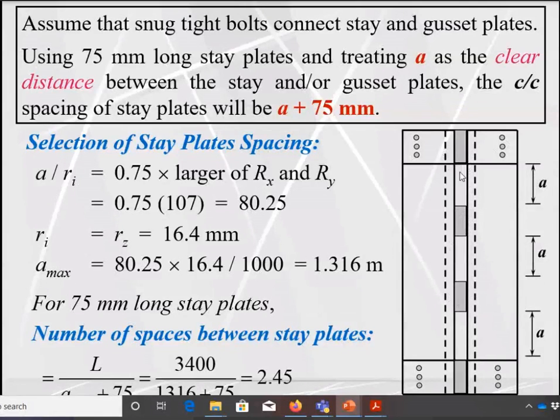The distance between both sections is just maybe 10 millimeter, equal to the thickness of the gusset plate at the end, and whatever the thickness of the gusset plate, the same may be the thickness of the stay plate. The sections are placed very close to each other, and these stay plates may be welded with the angles or fastened with the angles.